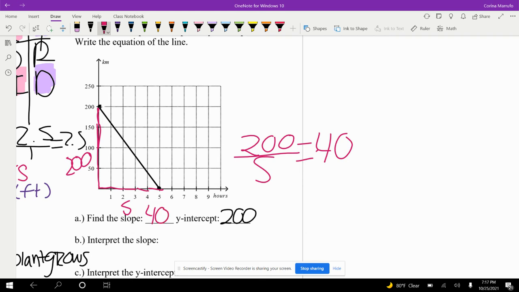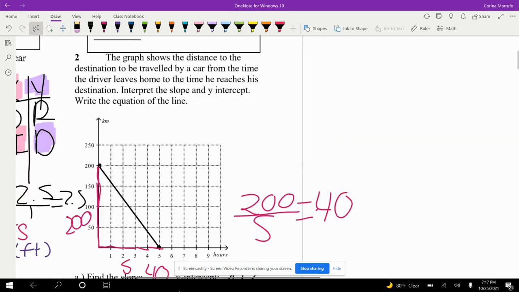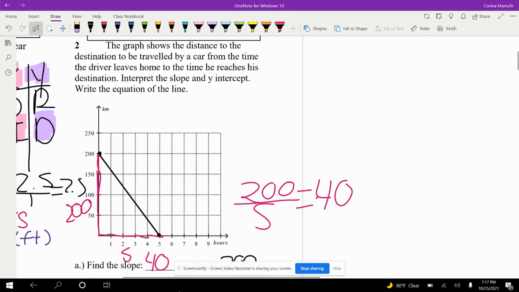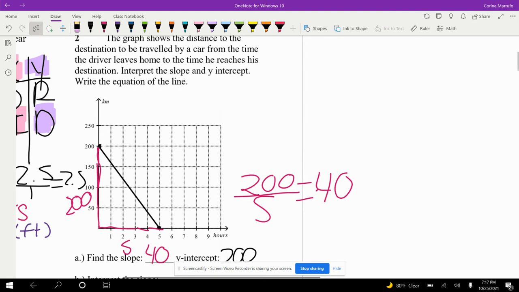It says interpret the slope. So whenever we are looking at the graph, we're going to see our rise. Our rise here is 200, which when we reduce it in our slope will be 40 over 1. Okay, so the rise is kilometers, it tells us here, km. And then the run is hours.